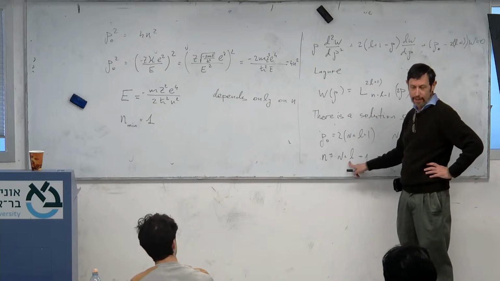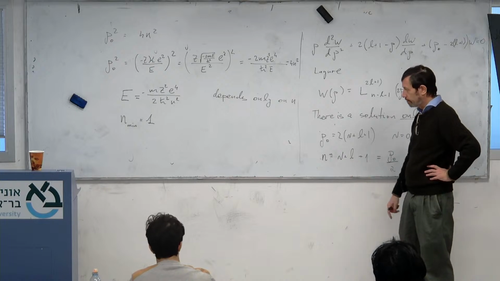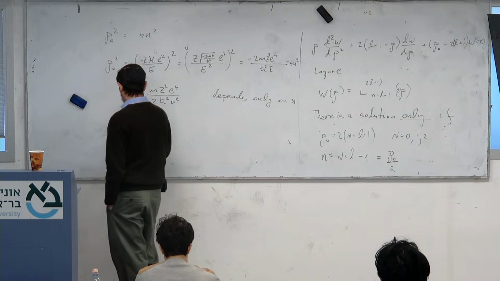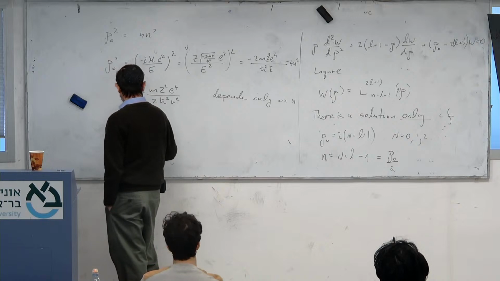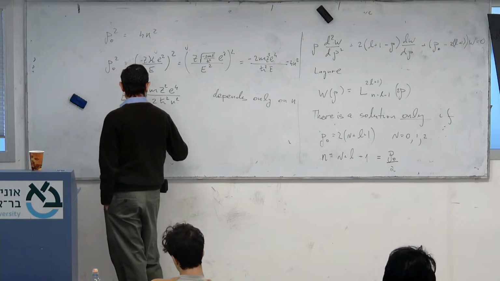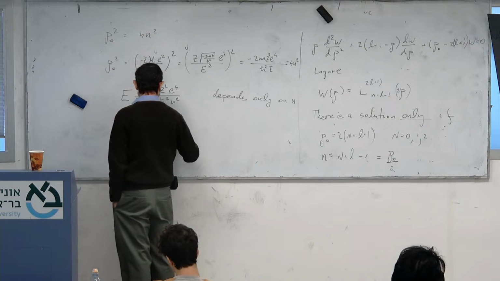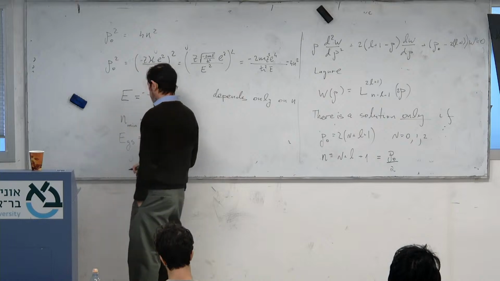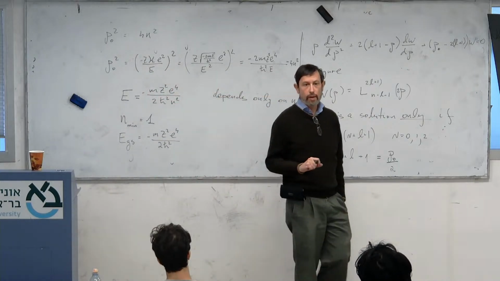We can't get anything lower than that. So this is the ground state.